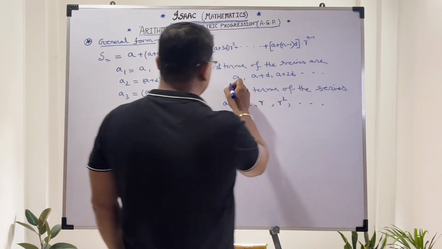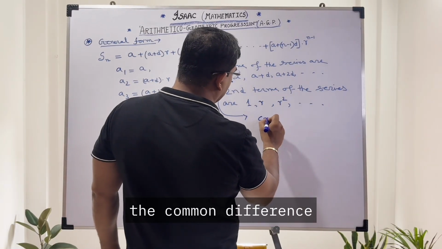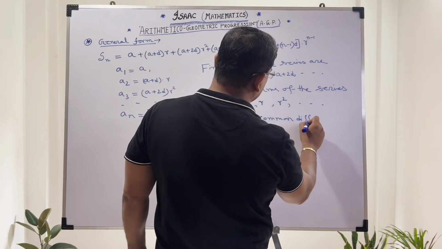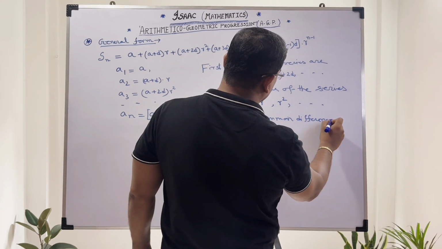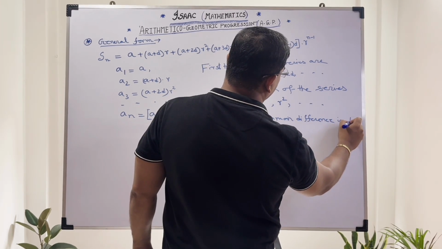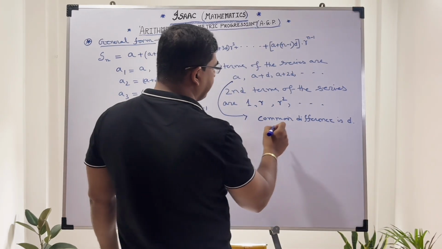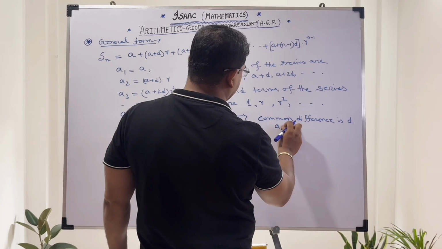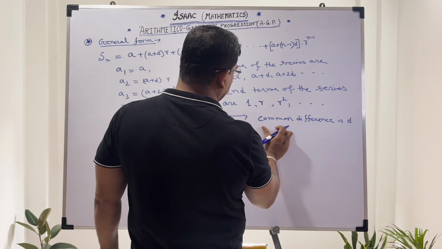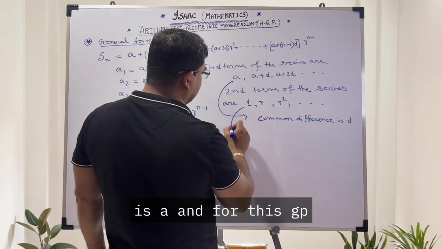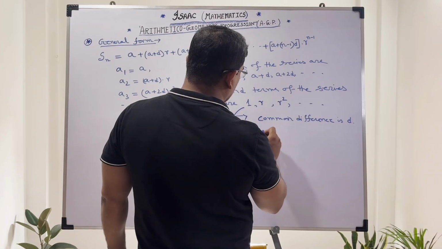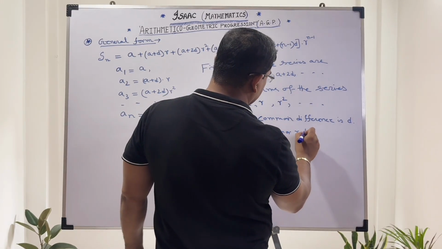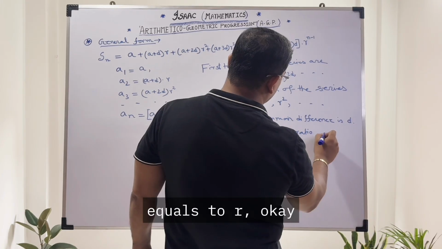Here the common difference is d and first term is a, and for this GP the common ratio equals r.